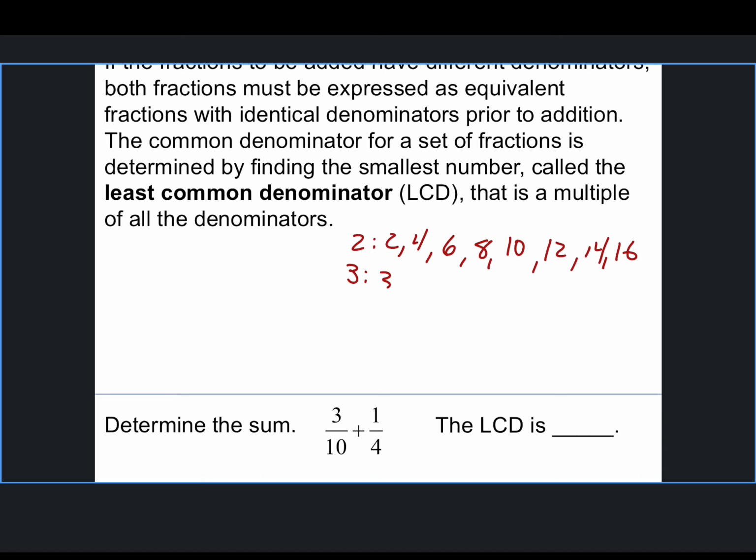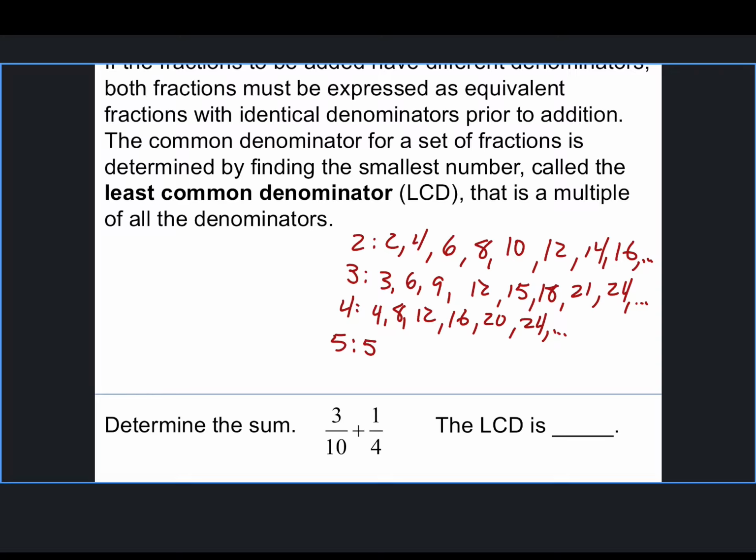Multiples of 3 are 3, 6, 9, 12, 15, 18, 21, 24. Multiples of 4 are 4, 8, 12, 16, 20, 24, and so on. I'm adding an ellipsis at the end of those just to signify that they continue going.